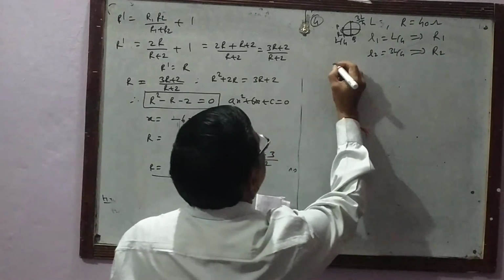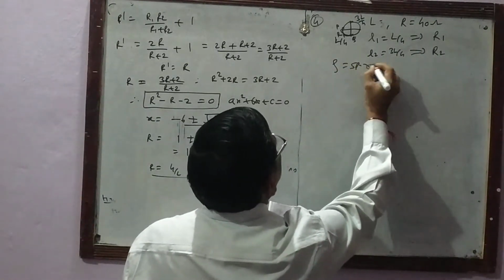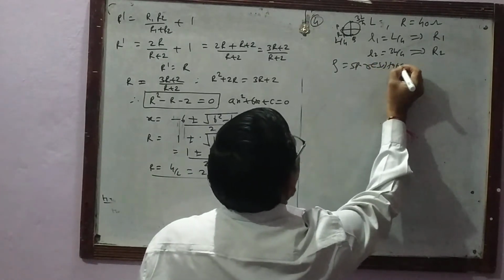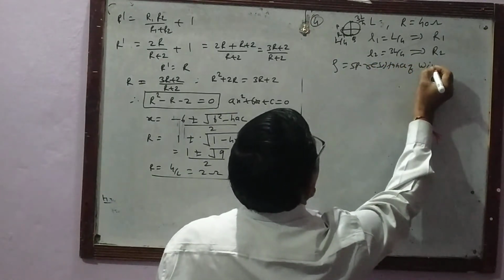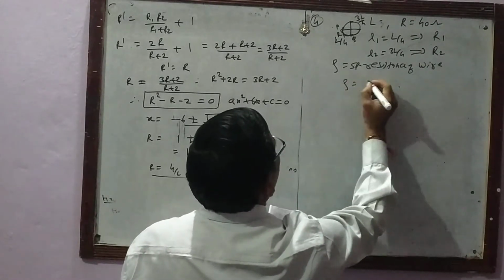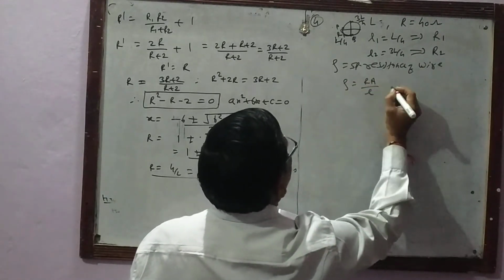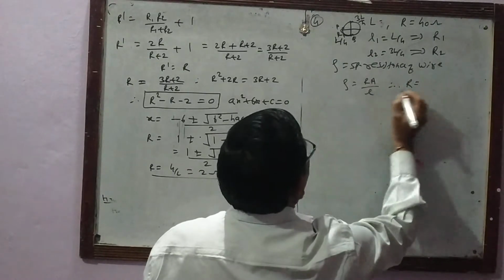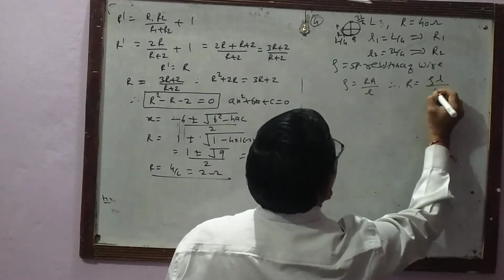If rho is the specific resistance of the wire, then rho is equal to RA upon L, and therefore the resistance of the wire R is equal to rho L upon A.